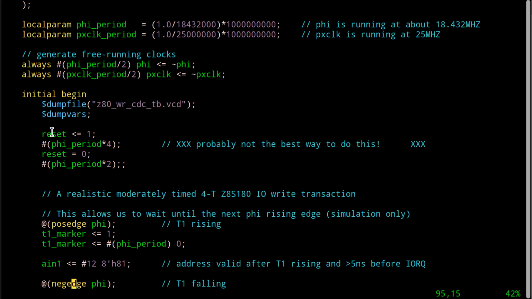Then, at the end of time step 0, because it's non-blocking, it will schedule the change of the reset from that 0 to a 1 after everybody everywhere has had a chance to see and use and consume the reset and its code at the current value, which was 0. This is an orderly way to transition from a 0 to a 1.